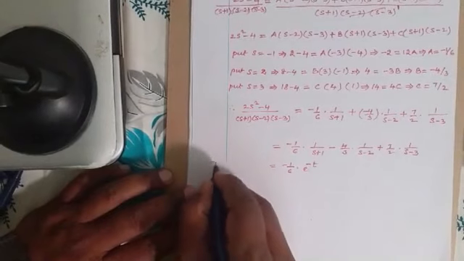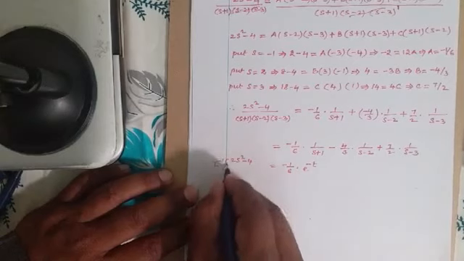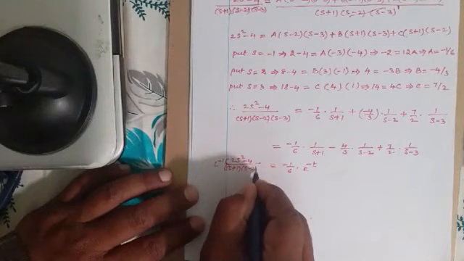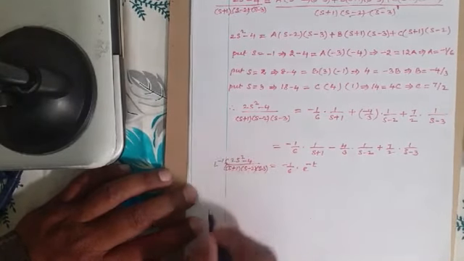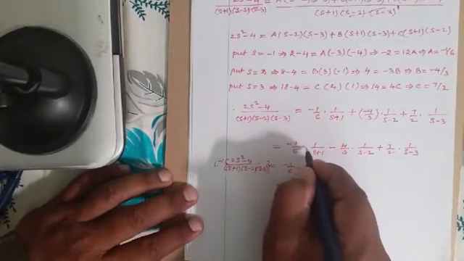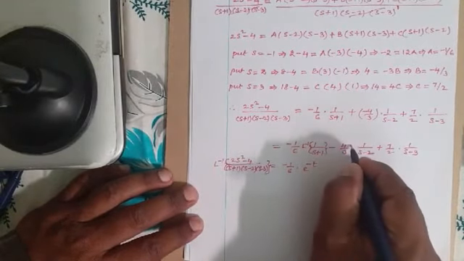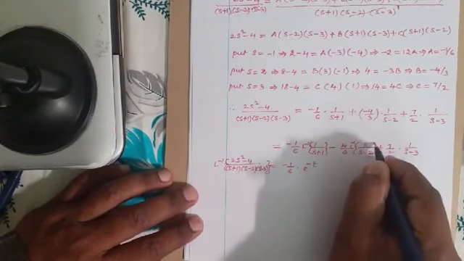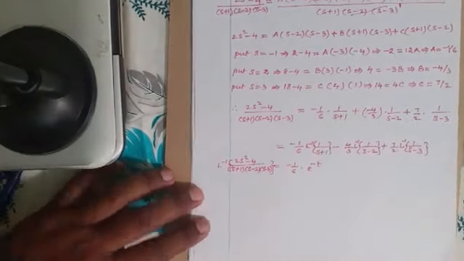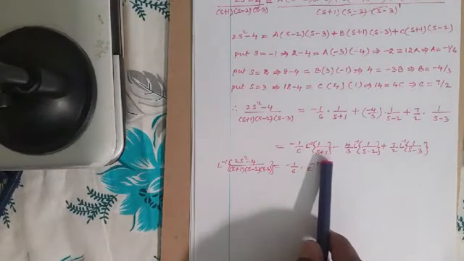When you apply L inverse of 2s square minus 4 upon s plus 1 into s minus 2 into s minus 3, I'll do one thing here, I'll write L inverse of, now you can see minus 1 by 6 L inverse 1 upon s plus 1.